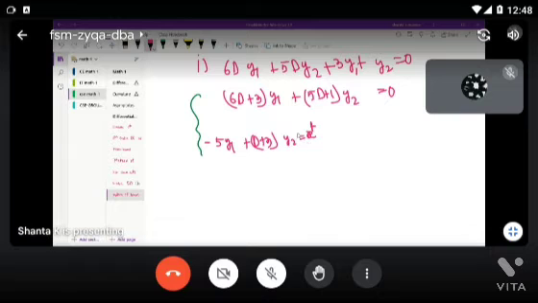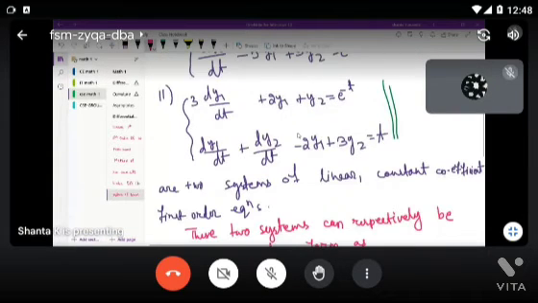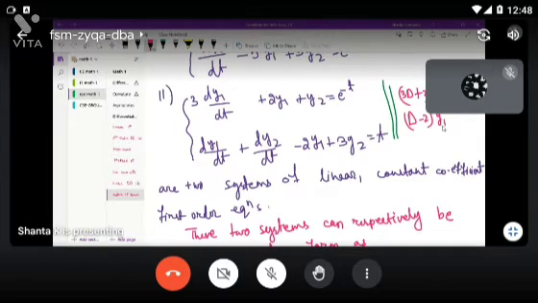So here this is (3D plus 2) y1 plus y2 equals e power minus t. And here this is (D minus 2) y1 plus (D minus 3) y2. So this is how you will write it in operator form.